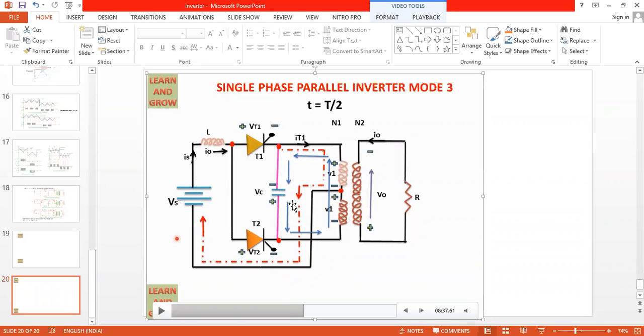During this process, now the capacitor starts to discharge once again, as you can see. So we'll take this one forward. So mode 4, T1 is on. So the direction of the current will be represented.